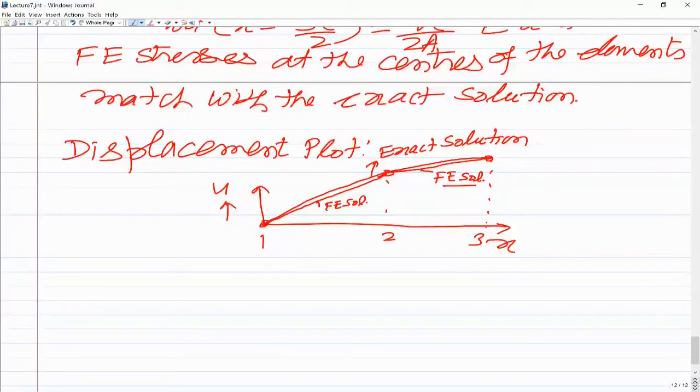One more observation from this is that in FE and exact solutions, u is continuous across the elements. So we have the continuity of u.